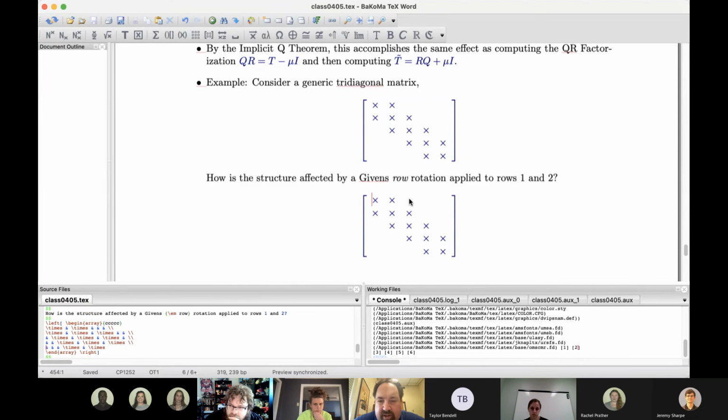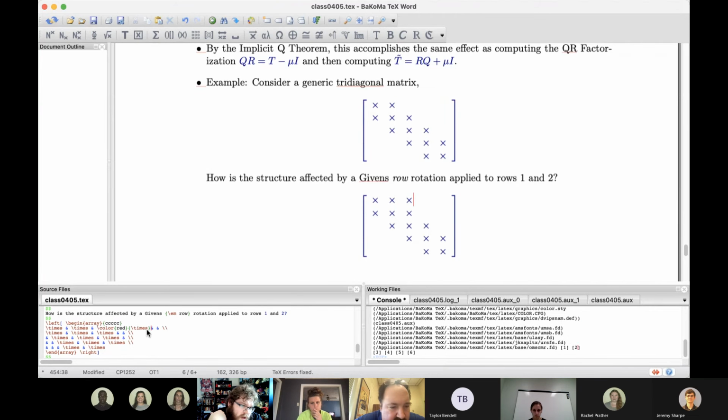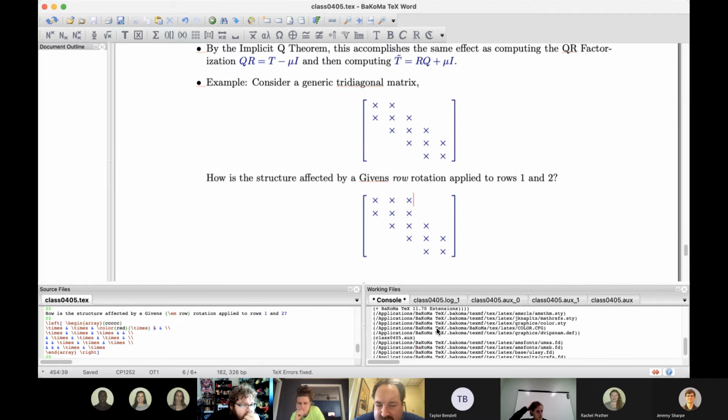Yeah, row 1, column 3. So I'll go ahead and put it in here. Oh, that's weird. It's supposed to be in color. Well, it should be in color in the PDF when I post it later. For some reason, it's not honoring that here.